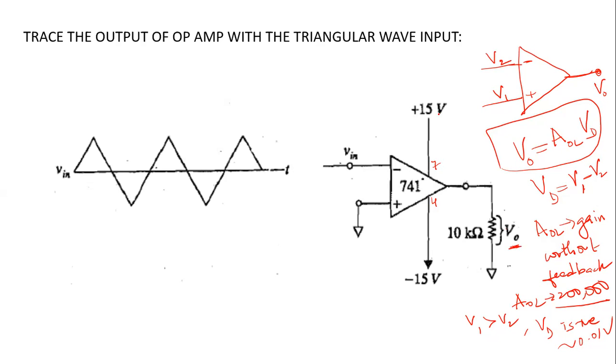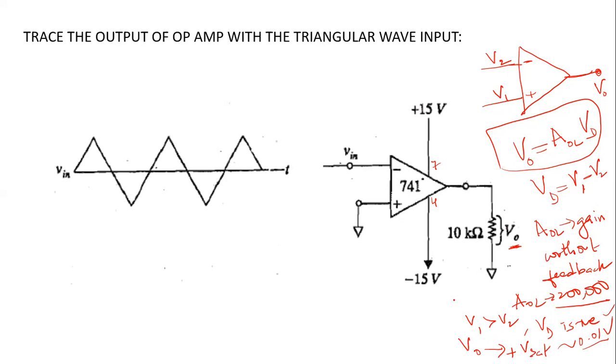So if VD is positive, even such a small voltage like 0.01, when you multiply with the open loop gain, V naught will go to the positive voltage saturation value, which is slightly less than plus 15 volt.